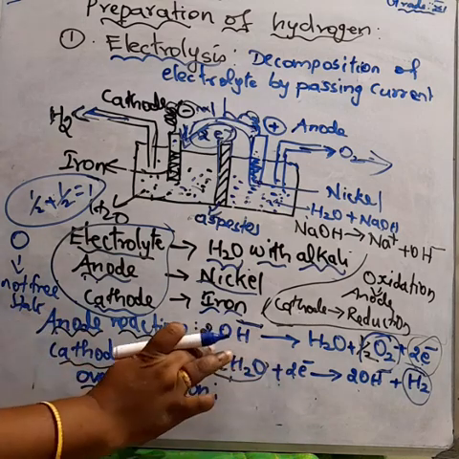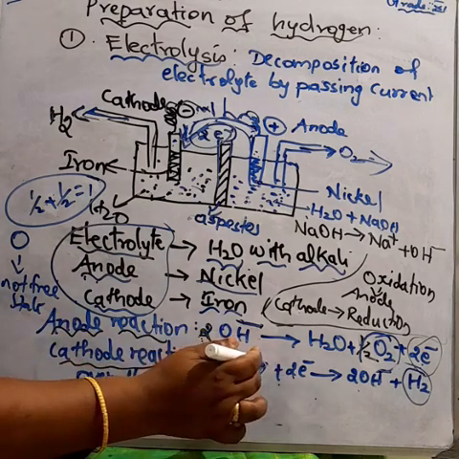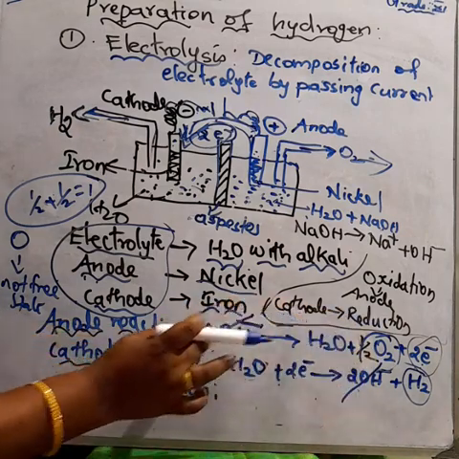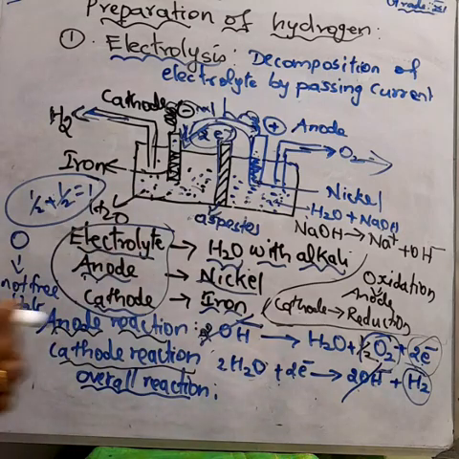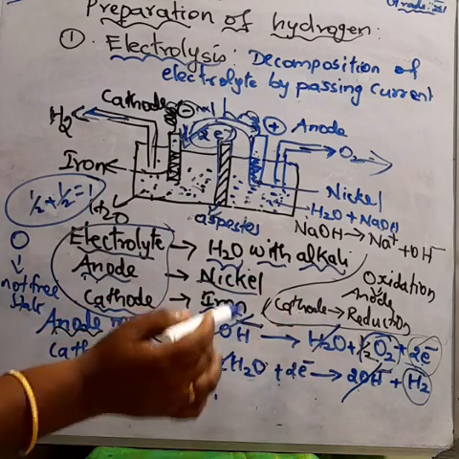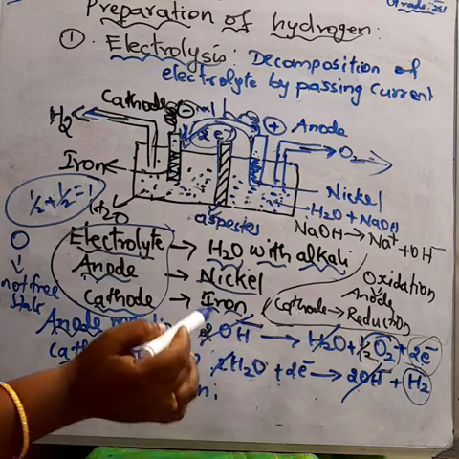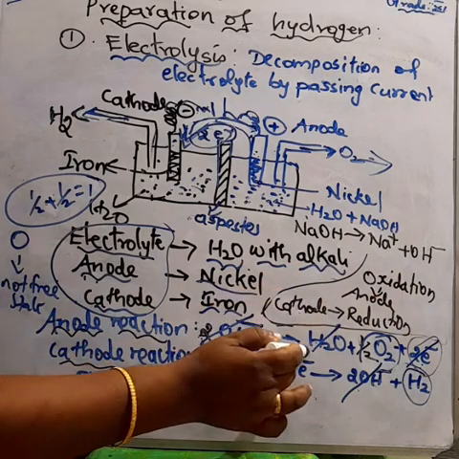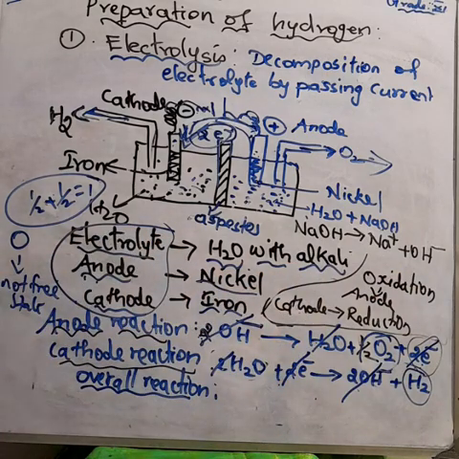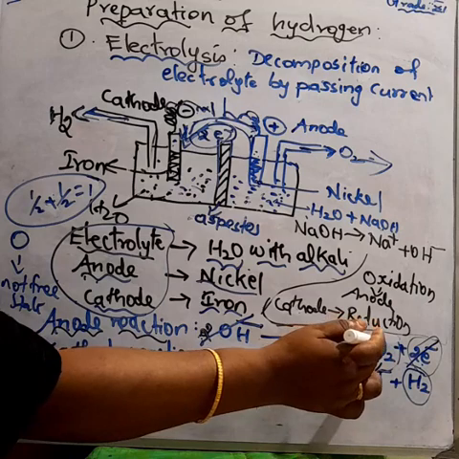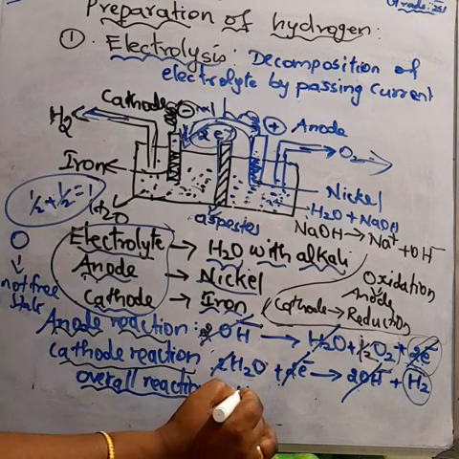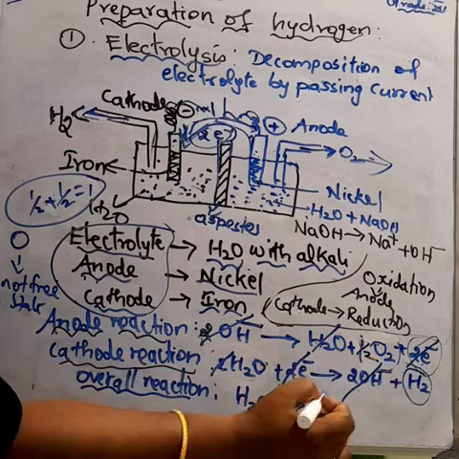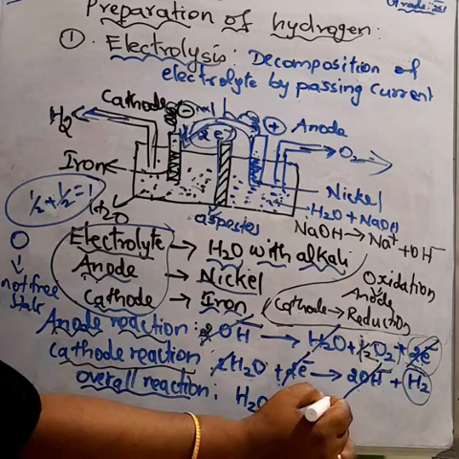Here the 2 OH minus on this side and this side are the same species, so we can cancel them. 2 OH minus cancel, and 1 H2O and 1 H2O cancel, with 1 H2O extra left here, and the 2 electrons and 2 electrons cancel. So the overall reaction is that 1 H2O gives hydrogen plus half oxygen.